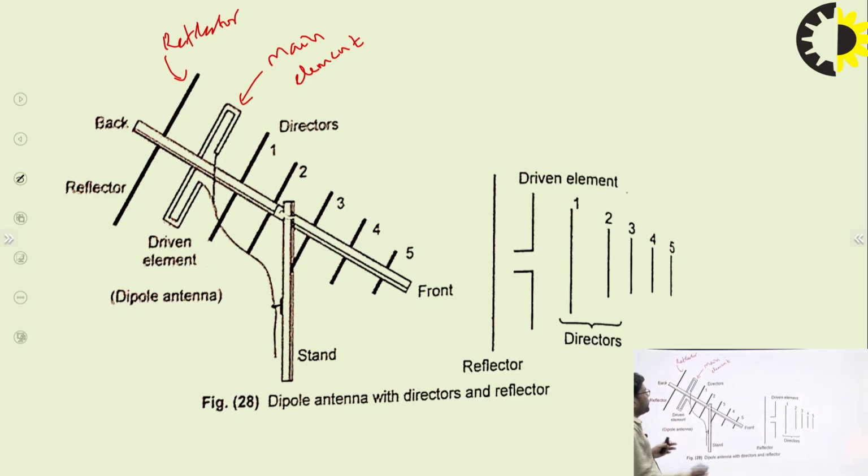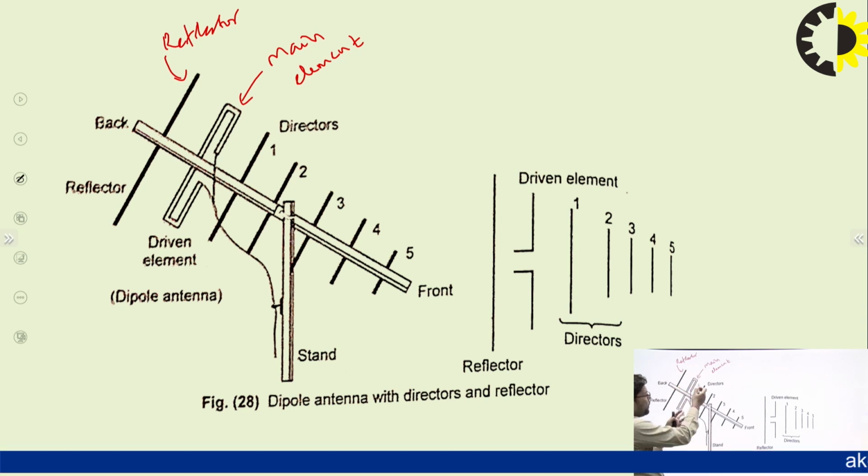As you can see in the figure, the size of the reflector is bigger compared to the main element, while the director is smaller compared to the main element. So this is the functioning of the reflector and director related to the main element.